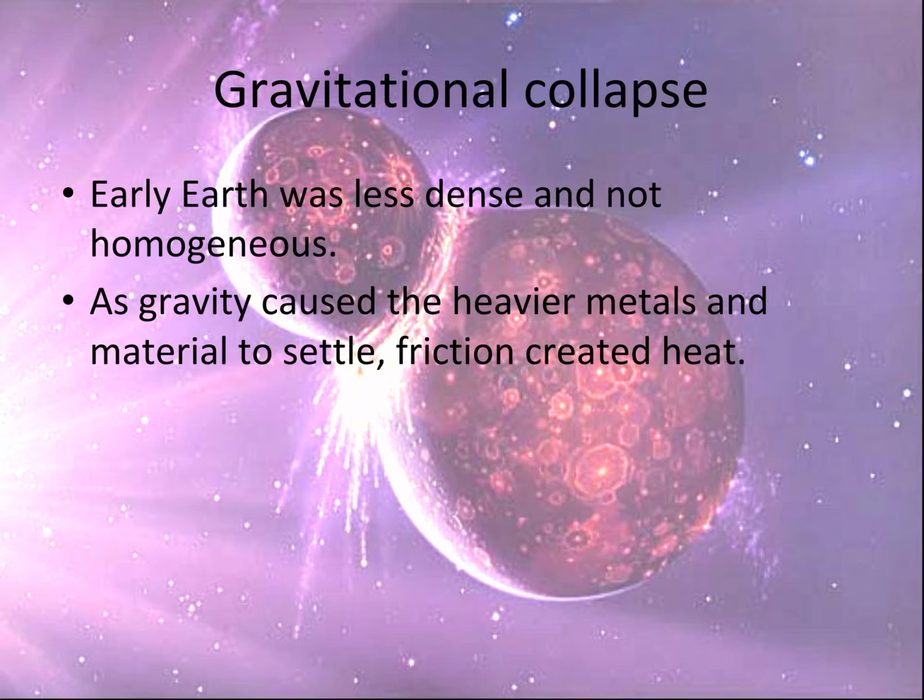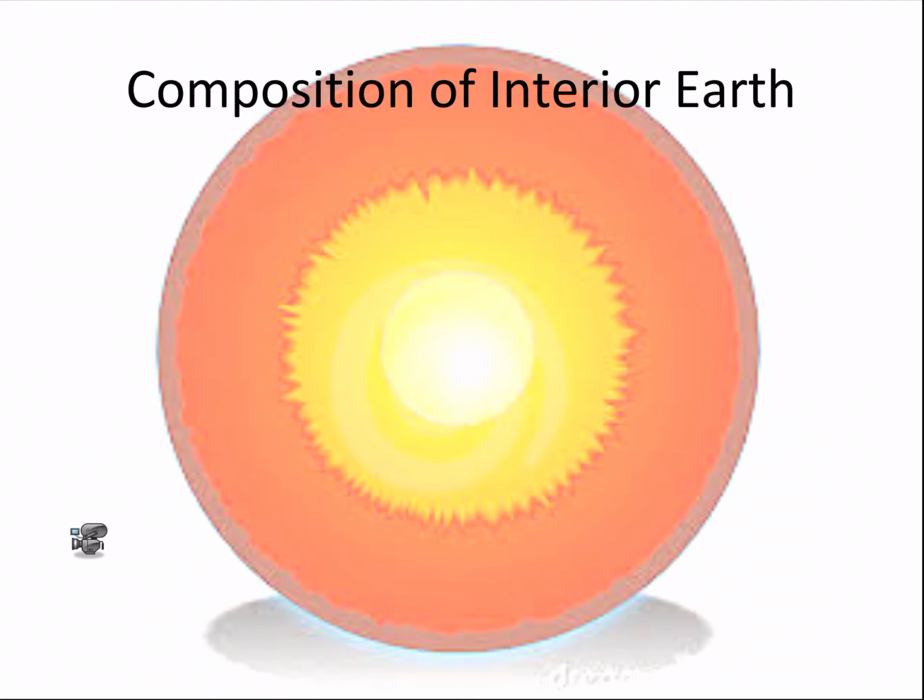So gravity caused the heavy, more dense materials to get pulled towards the center, and the less dense materials started to move out towards the surface, and that friction of the movement created heat, and then once again when the crust formed, it trapped that heat in.